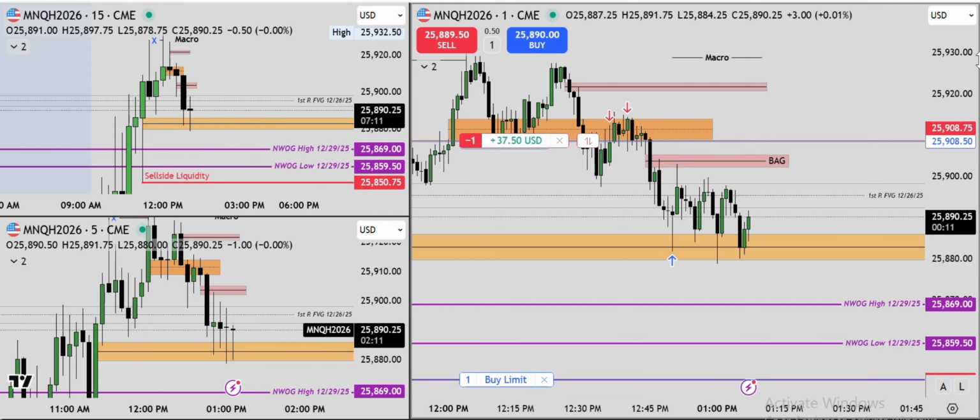Small little volume imbalance there that price is trading into.